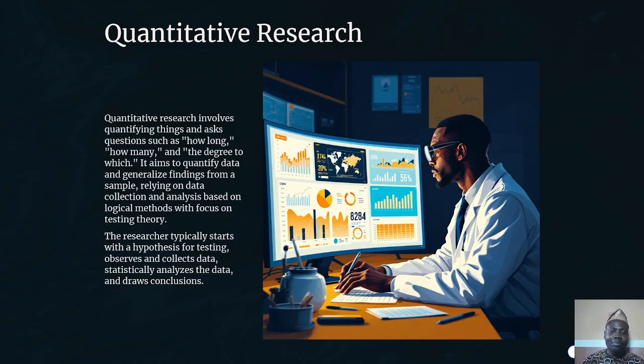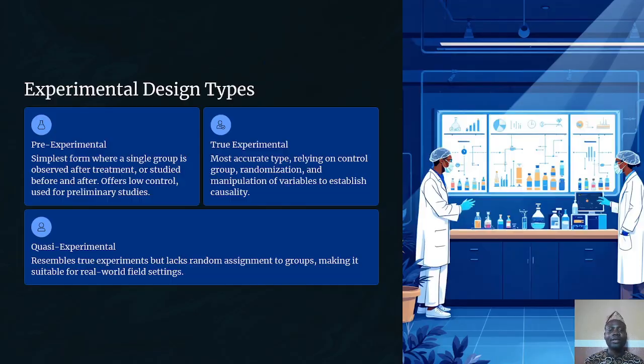So numbers are critical to quantitative research. You can see that there is a hypothesis that starts a question, then there is a collection of data, statistical analysis of data, and drawing of conclusion.